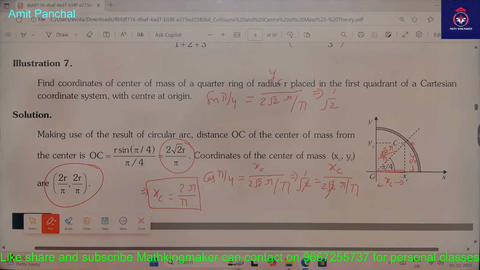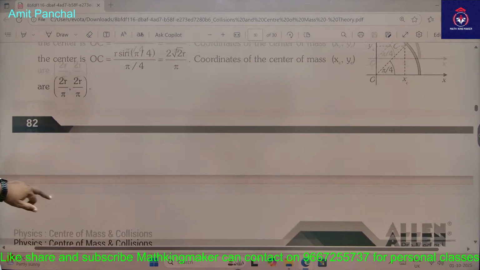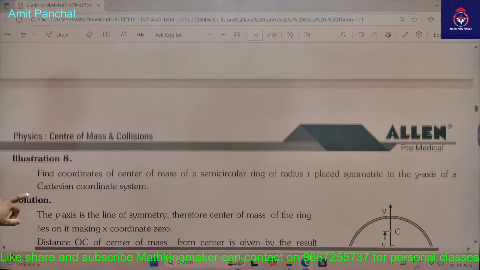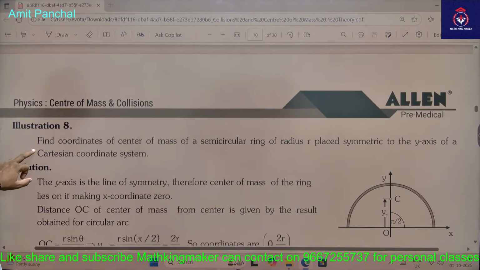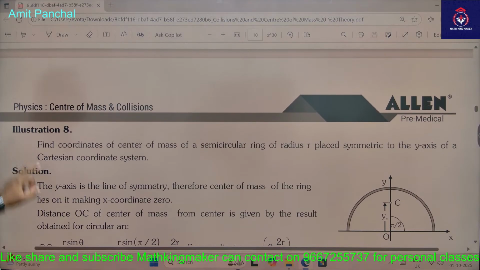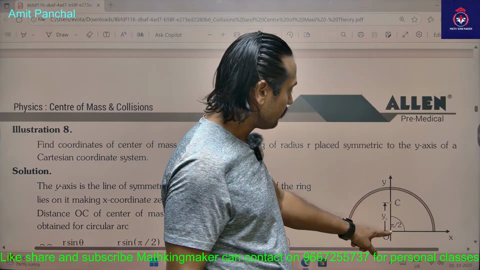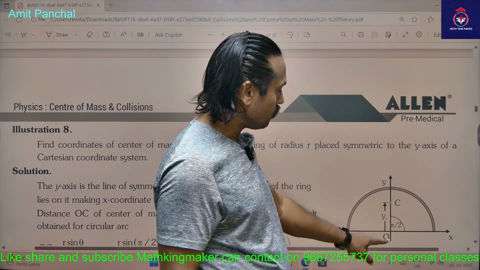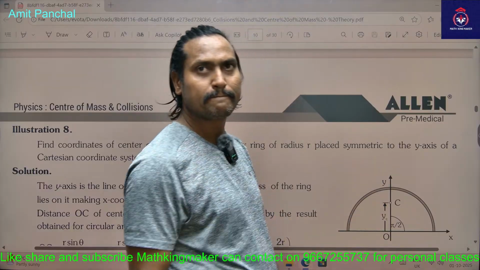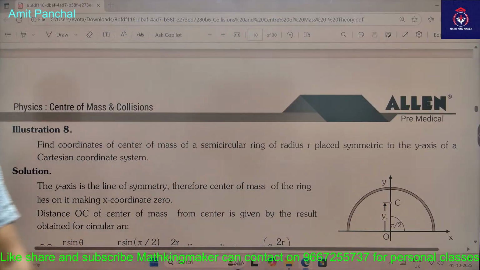Got it? Now just try to find out this one. First of all, you will be finding the distance OC. Just refer to that formula.